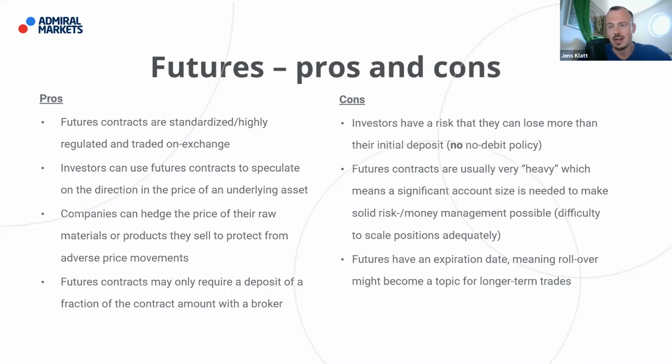You have to close the one position and open another, which adds up the longer you hold the position, in addition to potential losses if the position goes against you. You have to roll over to the next contract and probably deposit more money within your account.